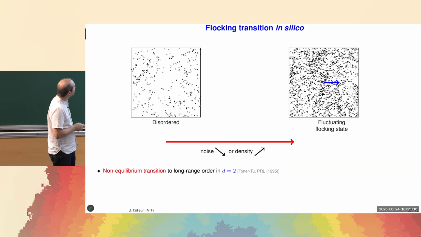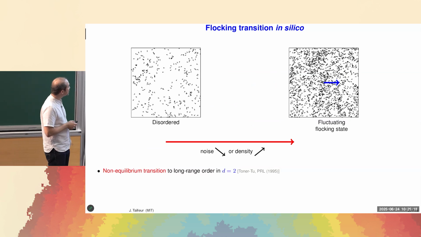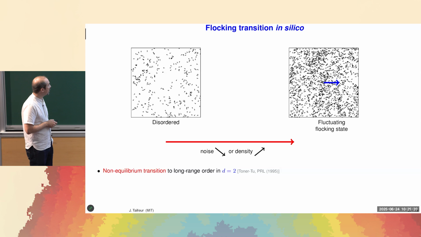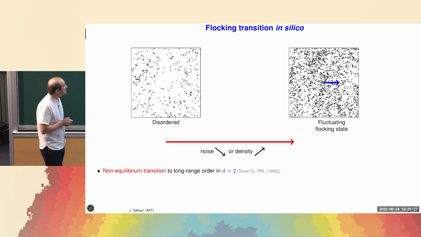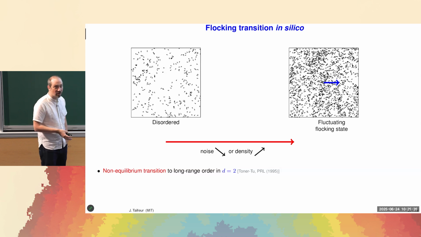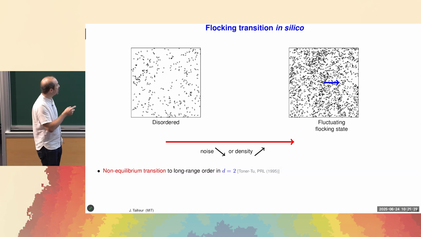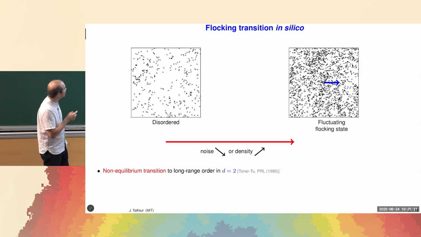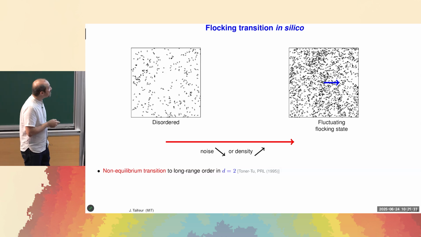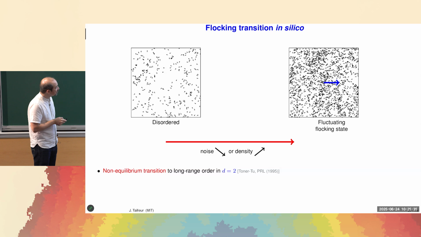So if you put that in a computer, what you get is what Vicsek and co-workers initially reported. If your noise is large or your density is low, you're bad at aligning, you have nobody to align with, you're disordered. So all your particles do a random walk. If you have very low noise, you're good at aligning. If you have high density, you've got lots of people around you.